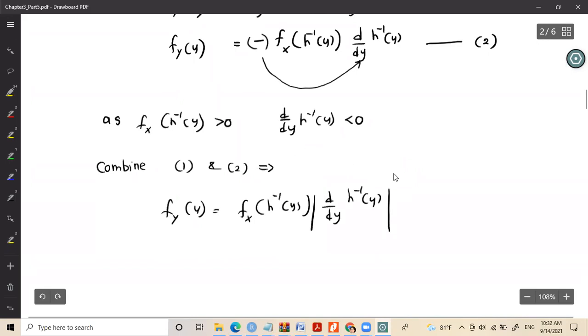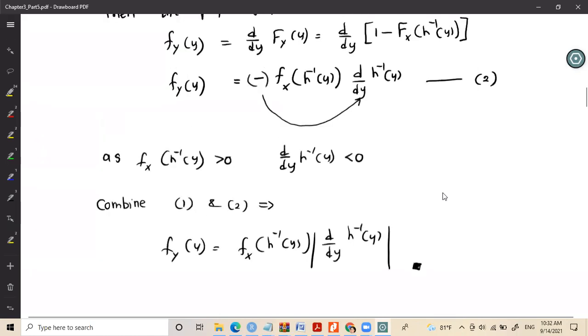When the function is increasing, you'll end up with a positive derivative. When the function is decreasing, you'll end up with a negative derivative. It's the slope. So that is how you do the proof of the theorem. Is this clear to all of you? Both cases, and then combine them.